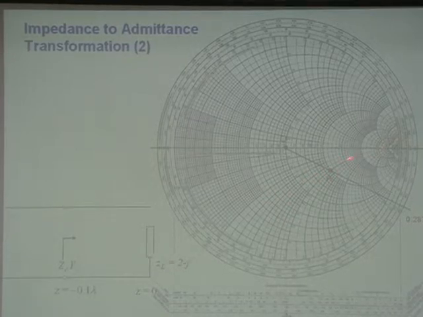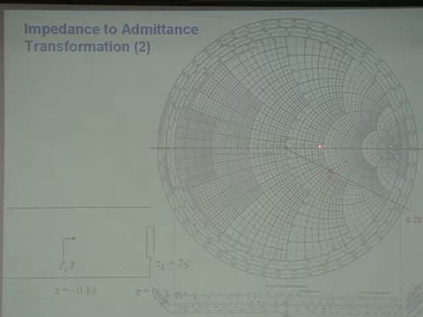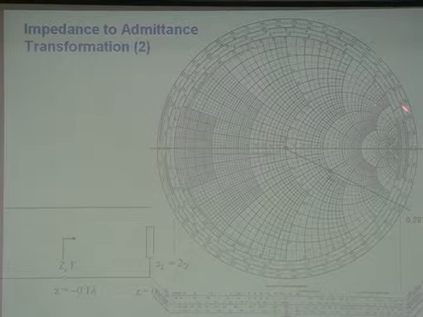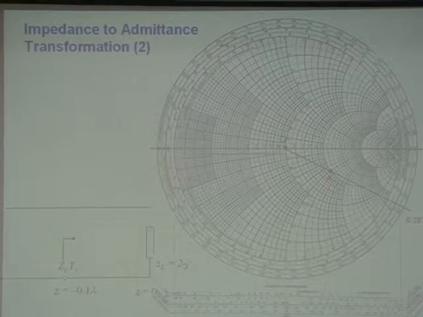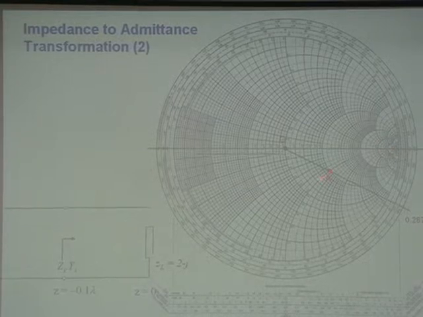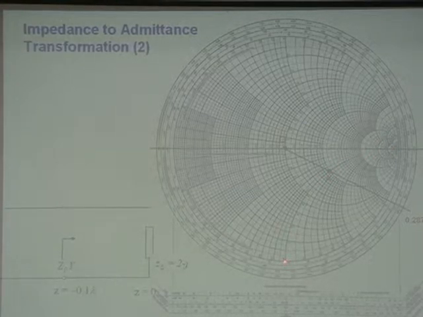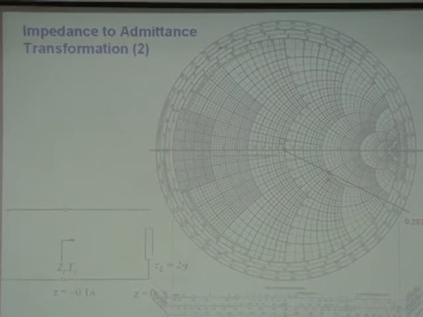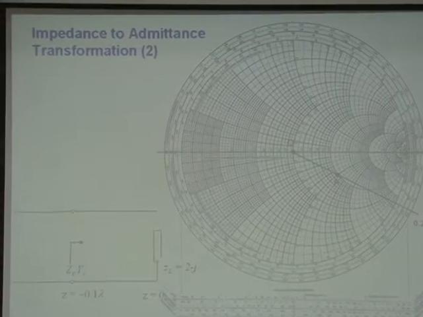Okay, if you just check the value for the RL right here is equal to 2. Okay, 在这个圆上头 for the load. And if you check the value following this line to this point is equal to -1. So this point corresponds to the load impedance 2 minus GA.